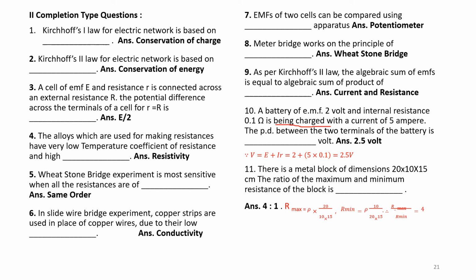R maximum is equal to rho into L by A. Here L is 20 centimeter for maximum and A is 10 into 15. So if you calculate, you will get one value. And R minimum is rho into L by A. For minimum, the length should be smallest, that is 10 centimeter, divided by the remaining 20 by 15. Therefore R maximum by R minimum is 4.